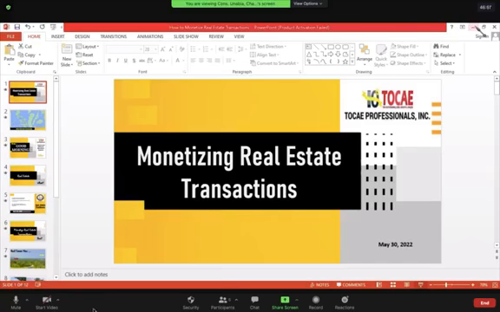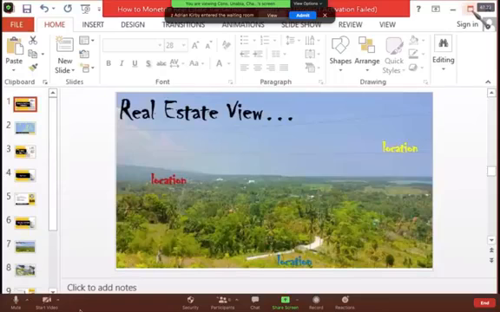So, kindly move the slide, sir. Kindly move the slide. Number 2 na ka, no? Real estate view. I-move, sir. Wala man mo lihok. Kana, kana.